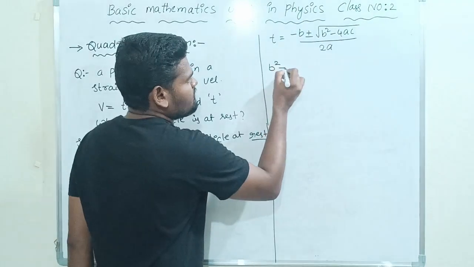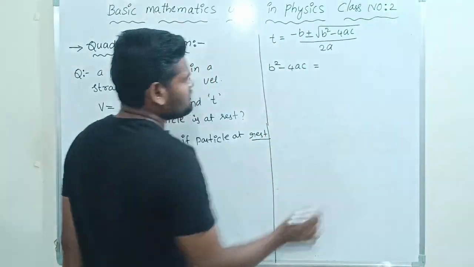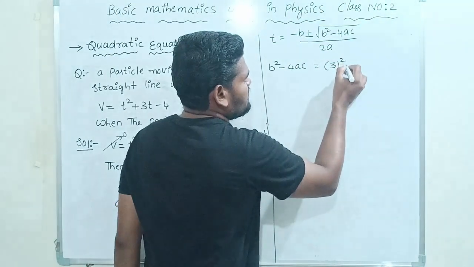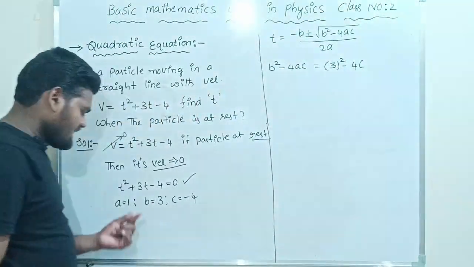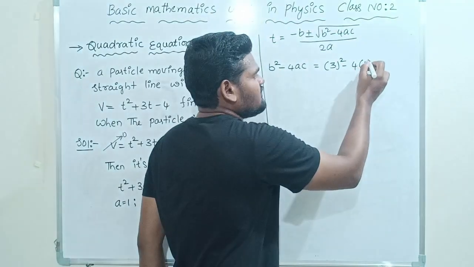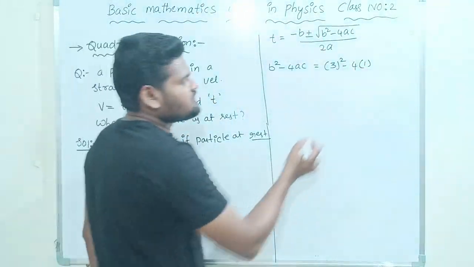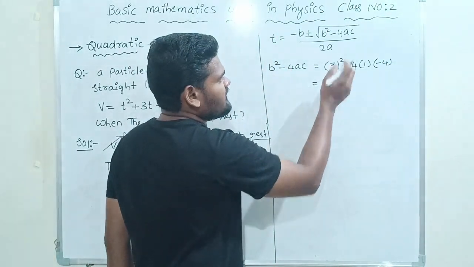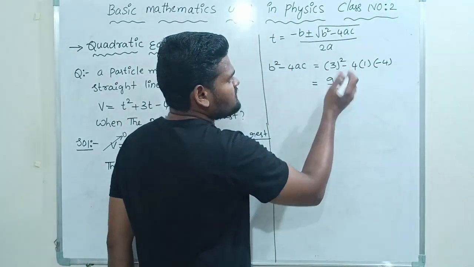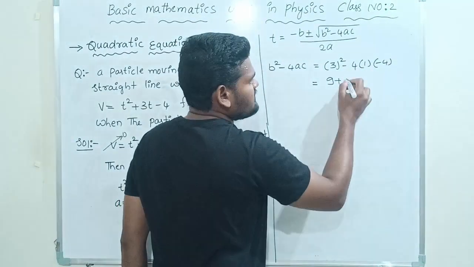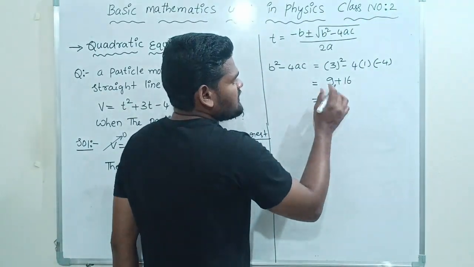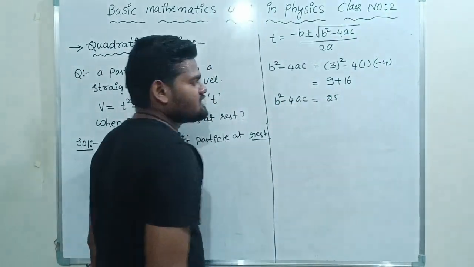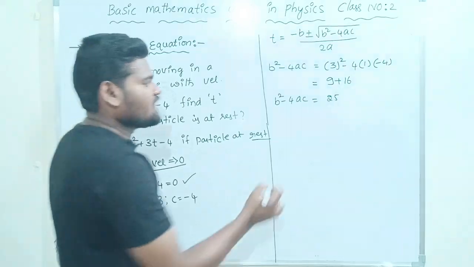What is b? b is 3, 3 square minus 4, a is equal to 1, c is equal to minus 4. So 3 square is 9, minus into minus plus, 4 fours are 16. 16 plus 9, 25. So b square minus 4ac is equal to 25.